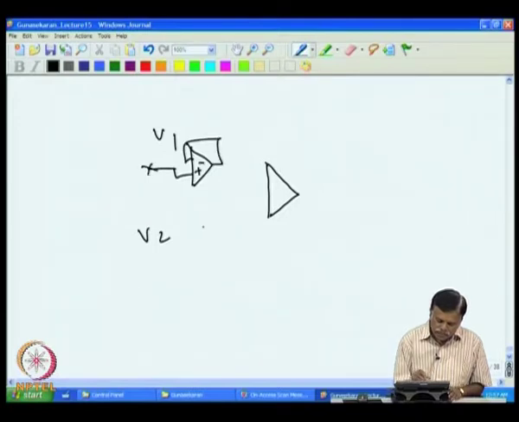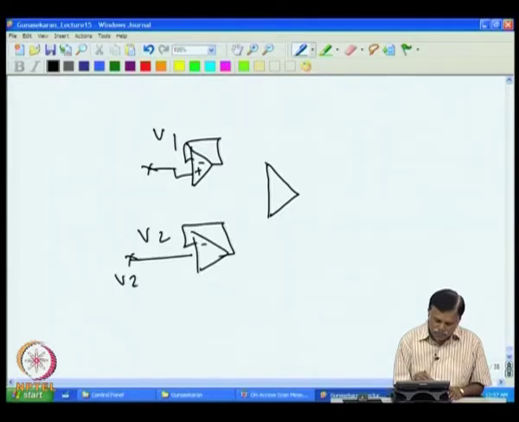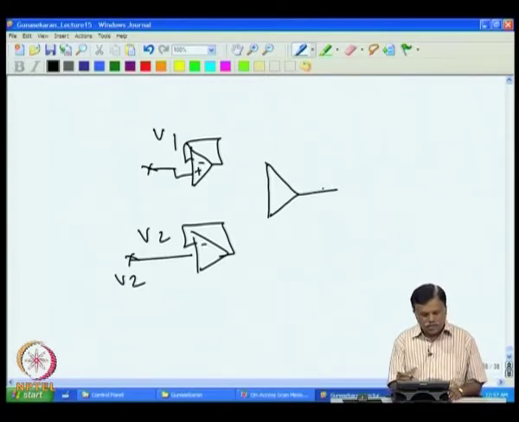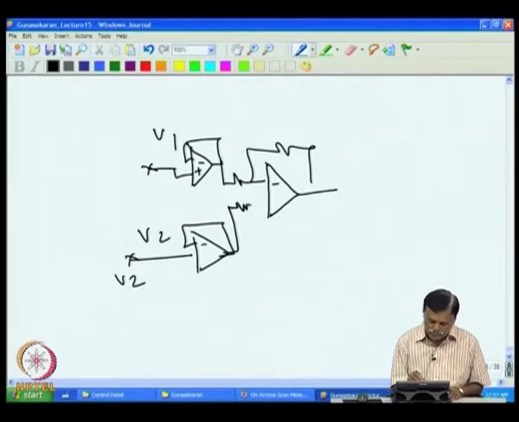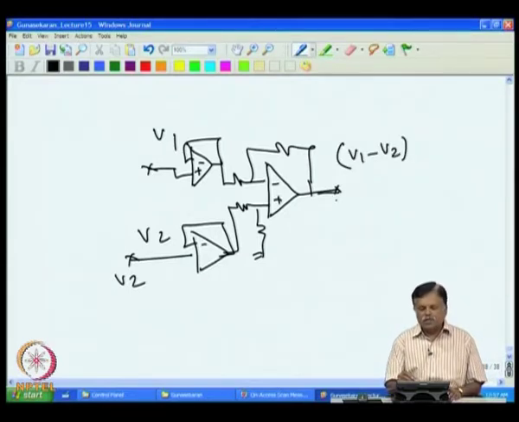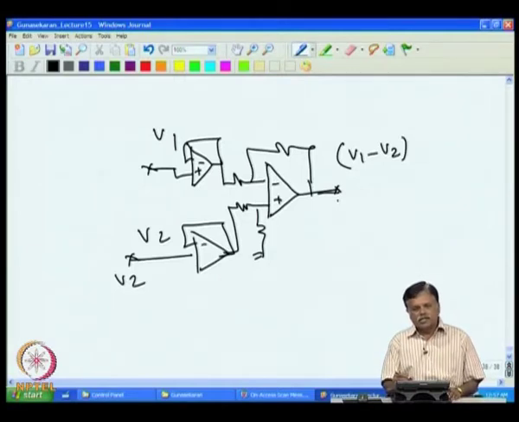So, this is V1 and then I have V2. The difference in voltage can be obtained with a difference amplifier. So, you will get here V1 minus V2. This voltage represents the displacement.